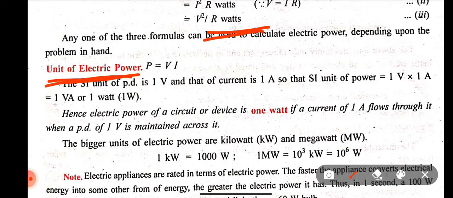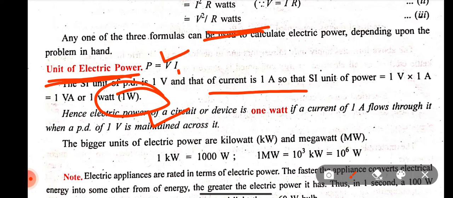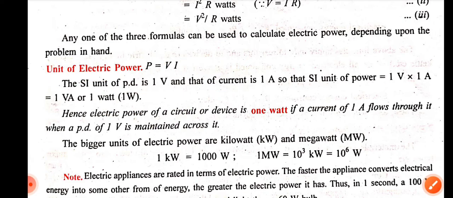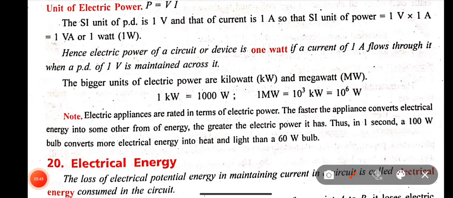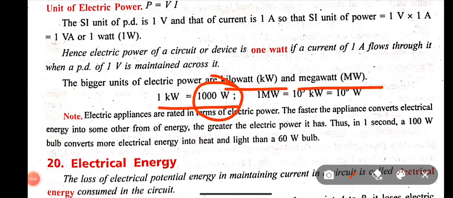As I told you, the unit of power is the watt. One watt can be described as follows: if in a conductor 1 ampere of current is flowing at 1 volt, then the conductor has 1 watt of power, right? Now we have to know what kilowatt and megawatt are. Kilowatt means 1000 watt is known as 1 kilowatt.